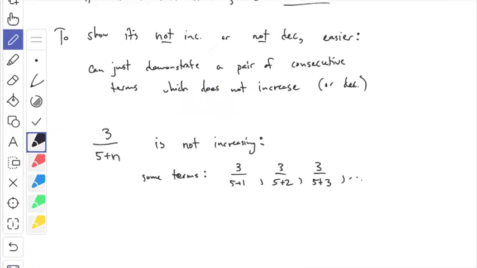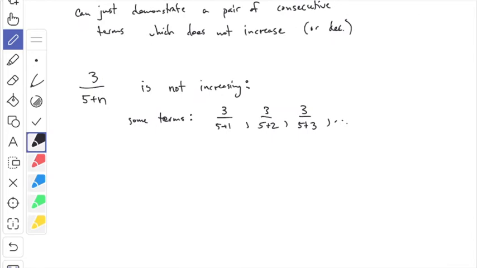If I were to compute these, this is 3 over 6, which is a half. This is 3 over 7. This is 3 over 8, etc. And we can see that if we just look at the first two terms, it decreases when you go from 3/6 to 3/7, right? This of course is a_1, this is a_2.